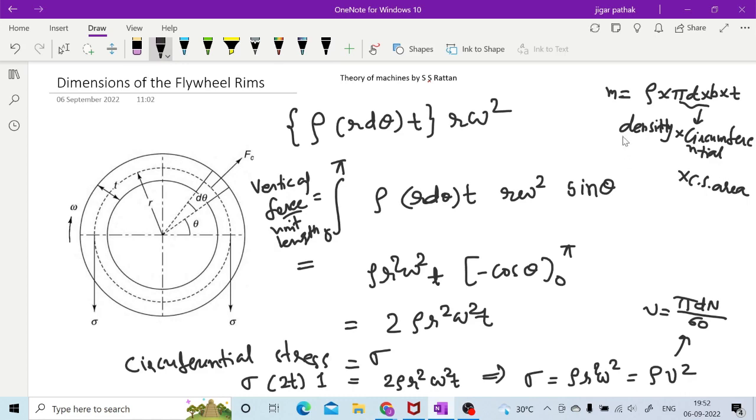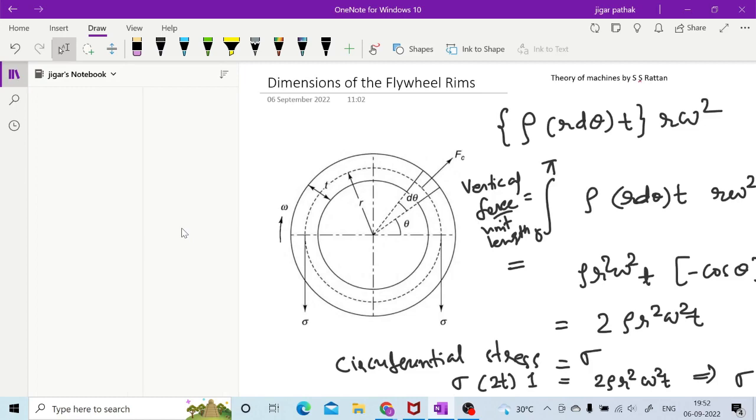So like this you can represent the mass of the flywheel. So once you are done with this, then you can go for the next numerical, I guess, this one.